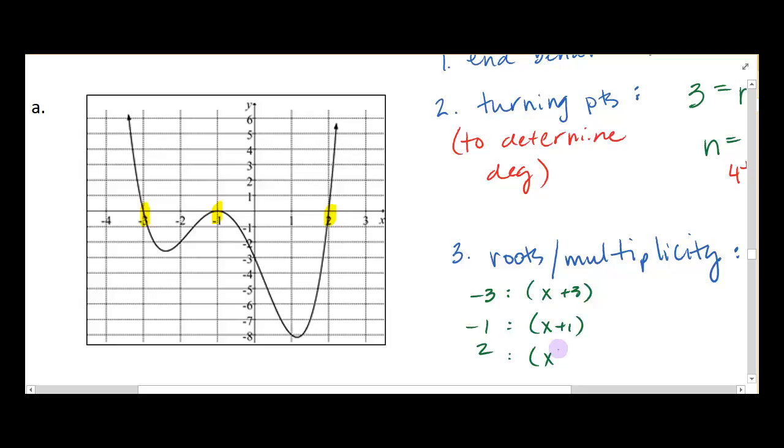But what are they doing at each of these roots? At -3, we cross, which means I have an odd power. At -1, I am touching, so this needs to be even. And at +2, I cross, so this needs to be odd as well.